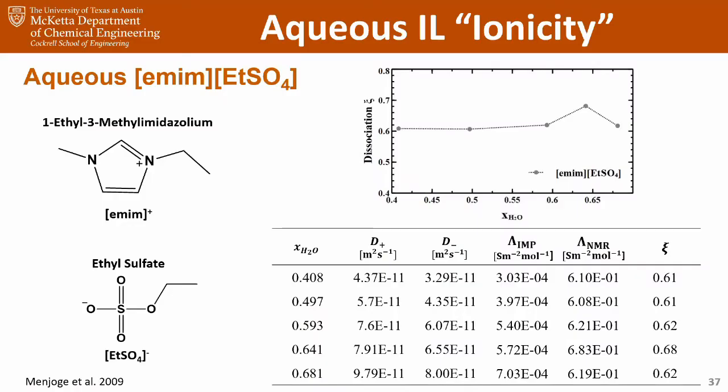Well, once again, we first want to compare with the NMR results. All right, so this is a system of water and ethyl sulfate, and over the relatively narrow composition range, the dissociation stays around 60%.